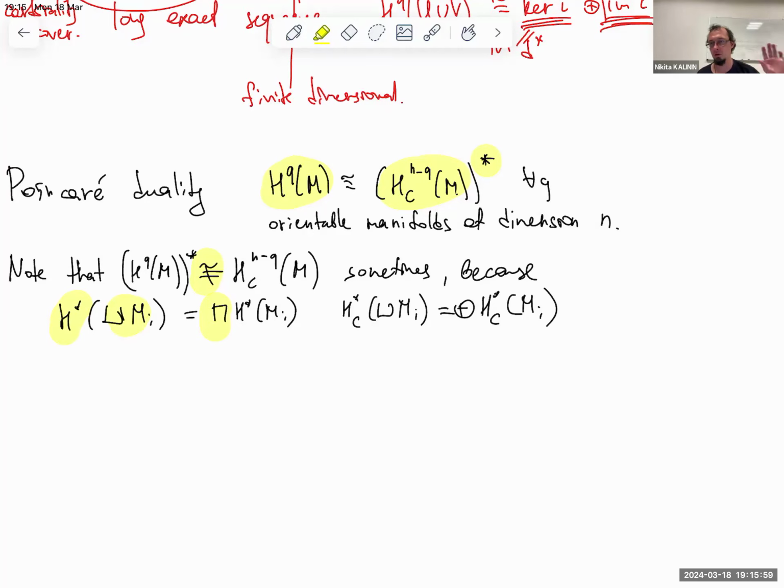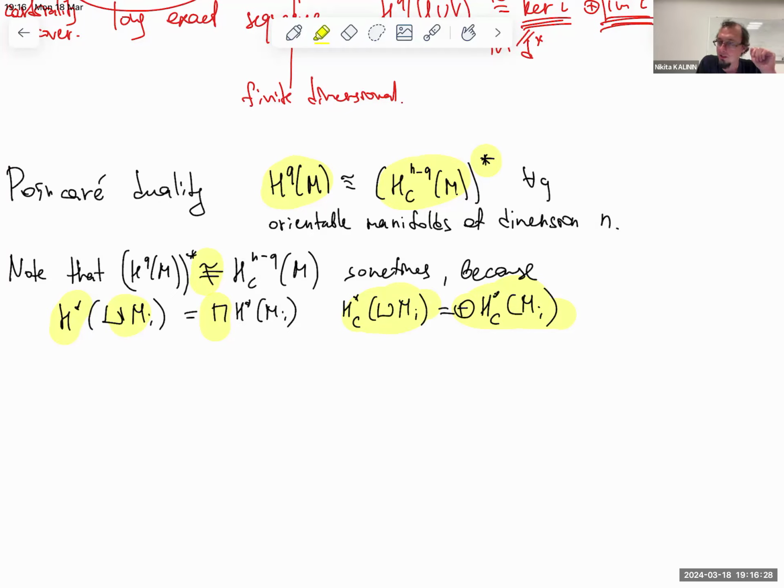That means the cohomology of the union of manifolds is the direct product of them, so you may have non-zero elements in each term. But if you consider the cohomology with compact support, then for the disjoint union it will be a direct sum, meaning only a finite number of non-zero components.